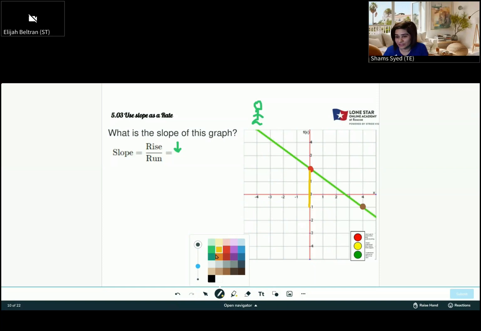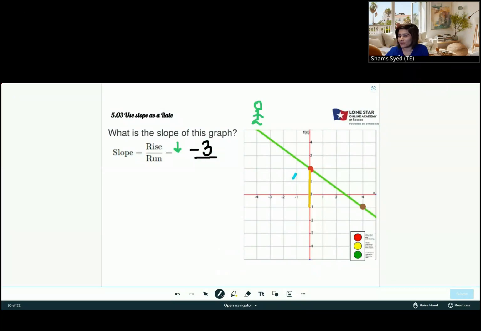If the box is a half, Eli, what does that mean? This is -3. Oh, okay, Eli, I got you. If I'm gonna, Eli, listen, if I'm gonna pick a point over here, I cannot read it.